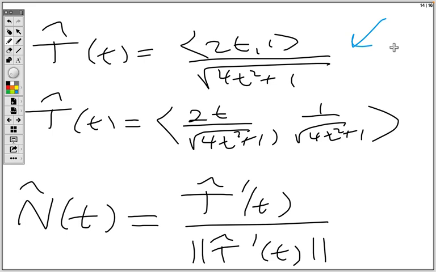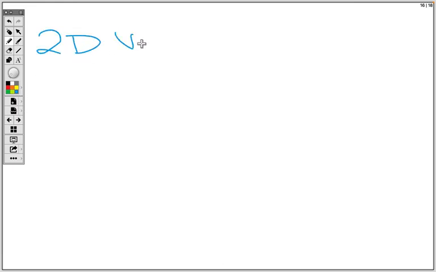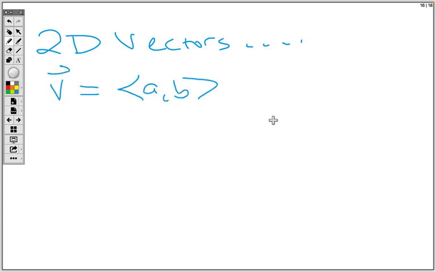But there's something about vectors in 2 dimensions, we pointed this out when we talked about orthogonality back in the day. Here's a nice little thing for 2-dimensional vectors. Let's say you've got a vector v with components a, b, and you want to figure out a vector w that's orthogonal to v.